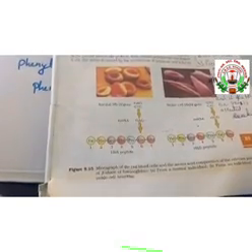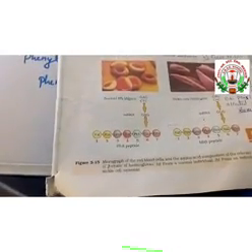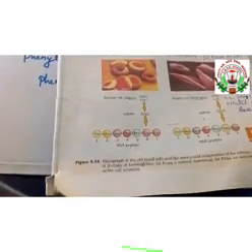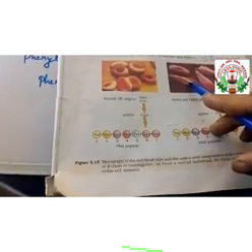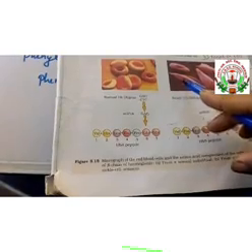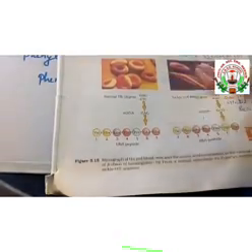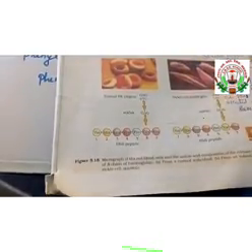Instead of glutamic acid, valine comes, the polypeptide chain cannot fold and form the normal shape of the RBC, and it becomes sickle shaped. So the sickle shaped RBCs cannot do the functions of normal RBCs. That is the trouble in sickle cell anemia.